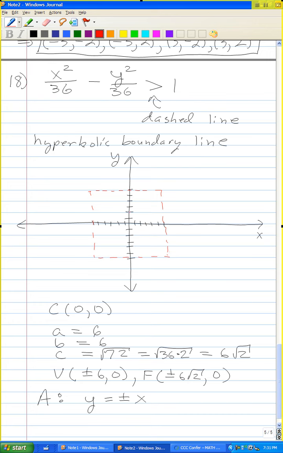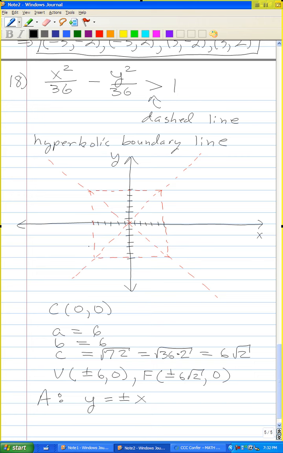Let's draw my asymptotes. And the x is positive, and so it's going to be here.